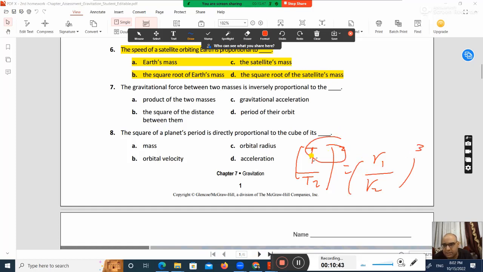So the square of the periodic time is directly proportional to the cube of the distance between objects.